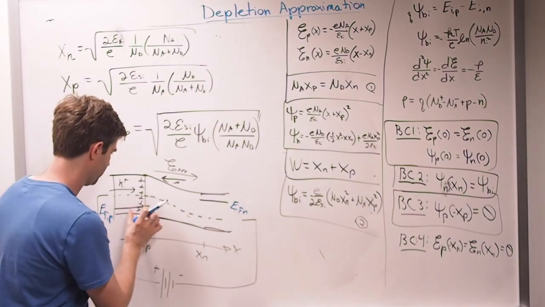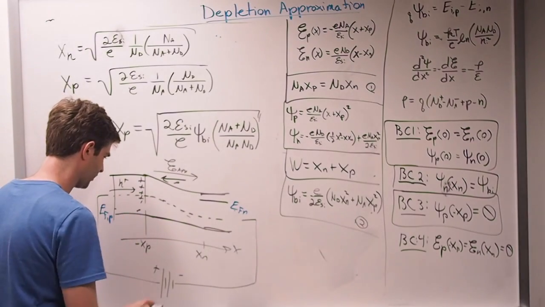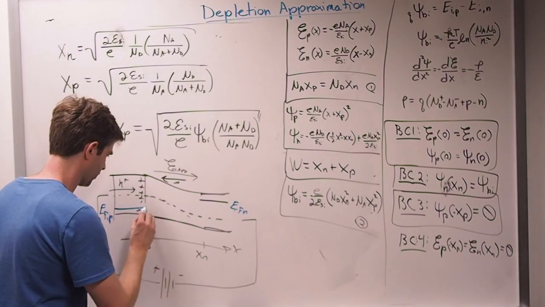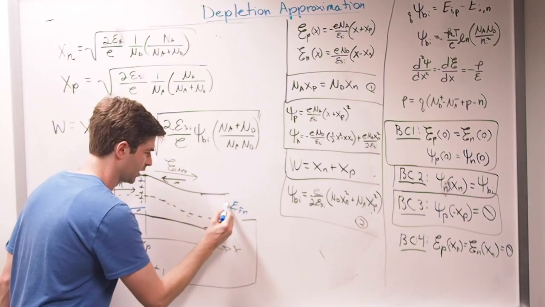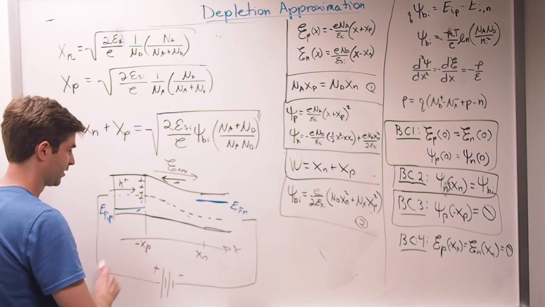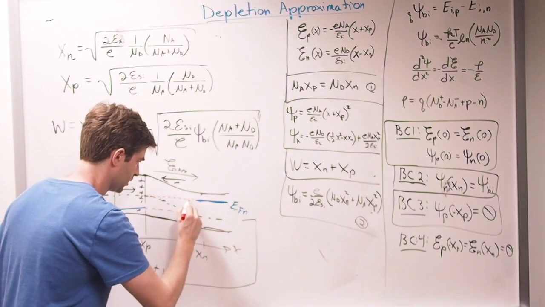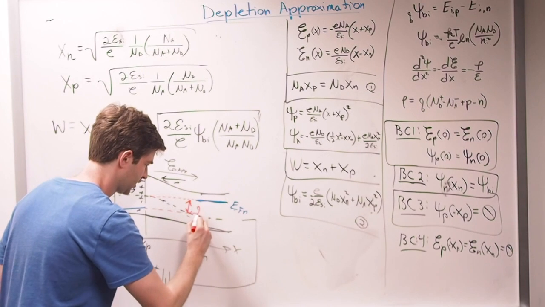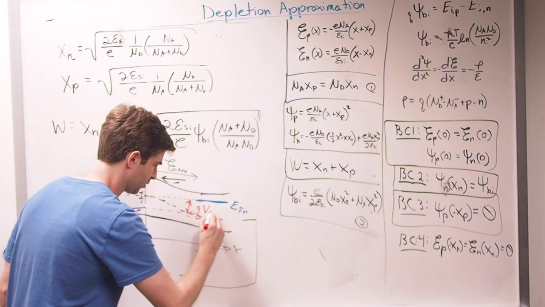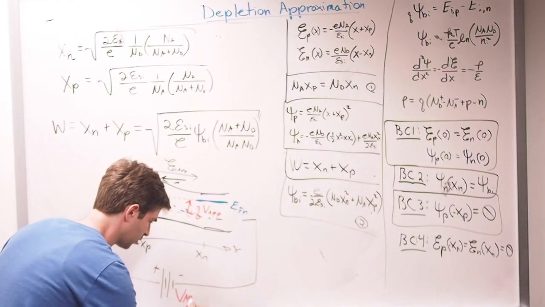And the difference between these two we call quasi-Fermi levels, because the Fermi level by definition is defined at equilibrium, right? So this distance here is Q V applied.